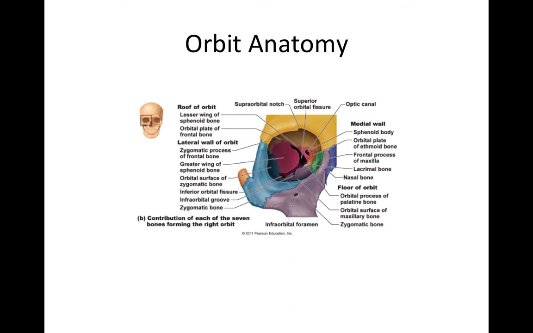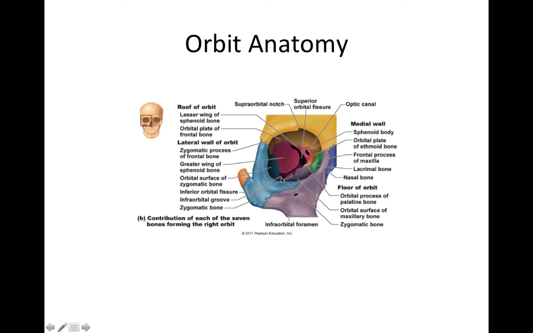Some of the nerves and vessels emerge onto the forehead after passing through the supraorbital notch. So they may come out of here, go upward, and then exit through the supraorbital notch to go onto the forehead there. We also have the inferior orbital fissure, which you can see is this little hole right here.